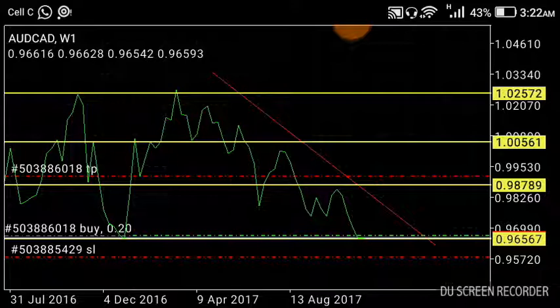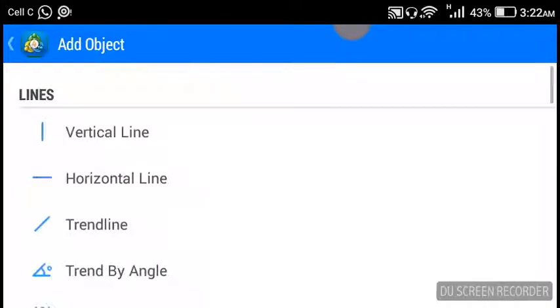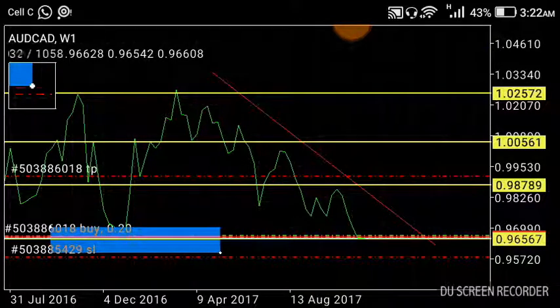It's an area in which it starts accumulating and starts collecting the necessary strength to actually continue or to reverse from those points. So now it's usually in an area instead of one single price. So we're going to mark that area with a rectangle so that we can identify the area there.